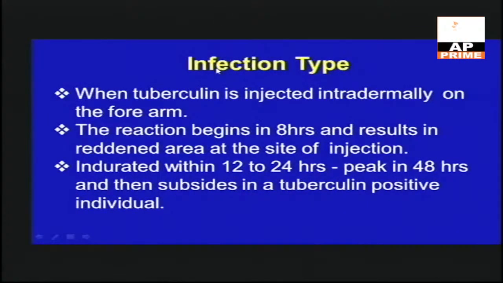The first type of type 4 hypersensitivity reaction is the infection type, which was first observed by Robert Koch. He took the tuberculin protein isolated from Mycobacterium tuberculosis, a partially purified protein, and injected it intradermally on the forearm of the individual.